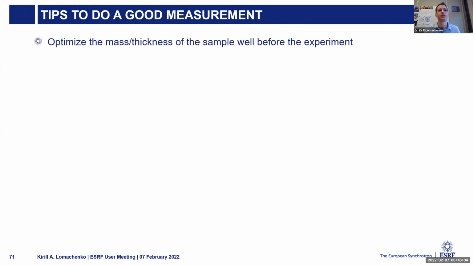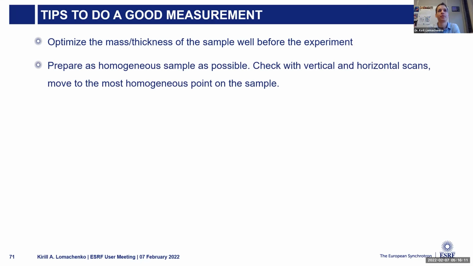Some tips to do a good measurement. Well, you should optimize, as I said, the mass and thickness of the sample well before the experiment. You should prepare as homogeneous a sample as possible, and check with vertical and horizontal scans whether it's really homogeneous, because we measure X-ray absorption at a particular point of the sample, right?